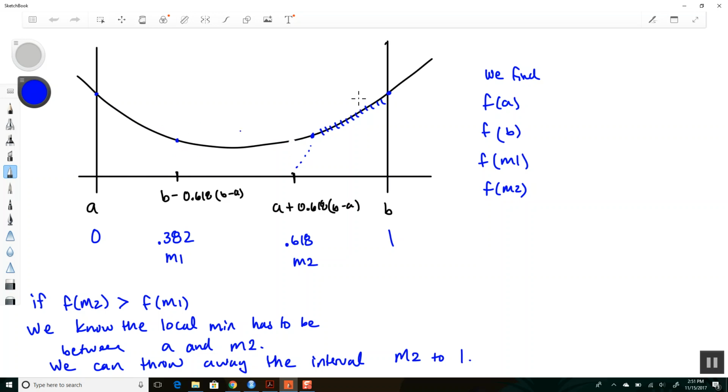If I picked this one, and this one is larger than one of the 2 endpoints, it doesn't guarantee that there's a local minimum in between them. So what we've done is we've picked 2 middle points, and based on these we can be sure that there's a local minimum here. Okay, we're gonna have to end here, and we'll continue this on.